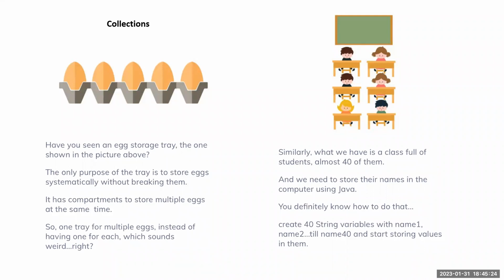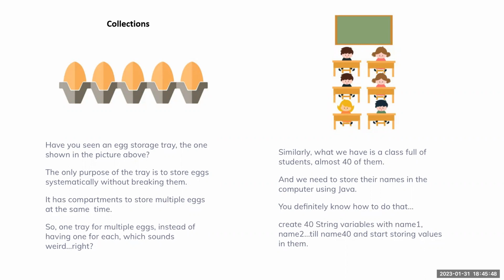It has one tray for multiple eggs instead of having one for each. Which sounds right, and the other sounds weird, right? If you want to store similar kinds of data but you are storing them in different variables, that is like creating a lot of variables and a lot of code in your program.